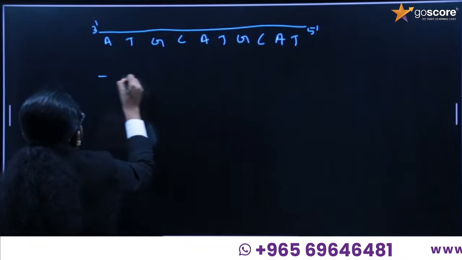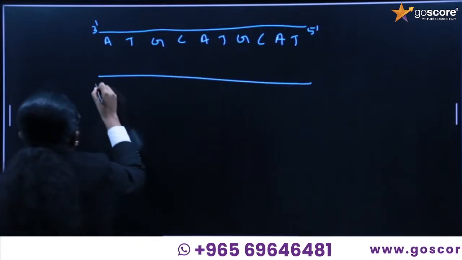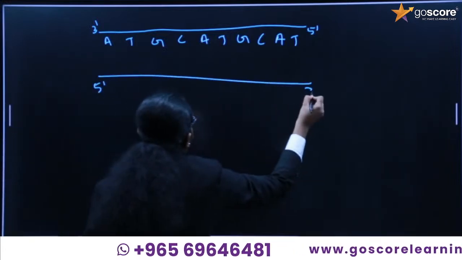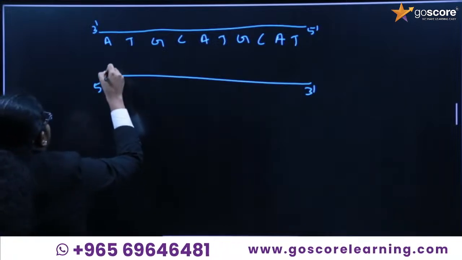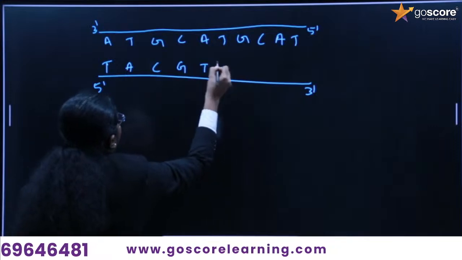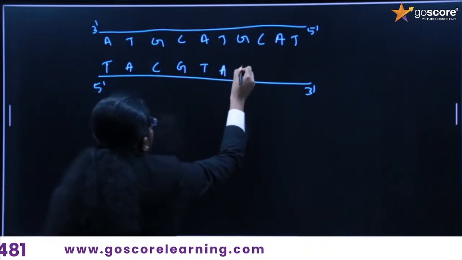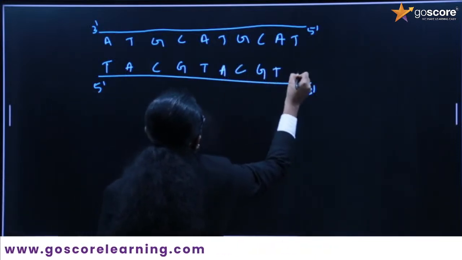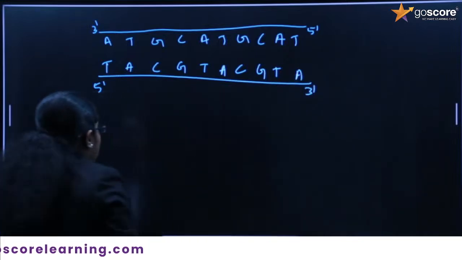Next one, it is the 5 prime 3 prime strand. This strand has thymine, adenine, cytosine, guanine, thymine, adenine, cytosine, guanine, thymine, and adenine.